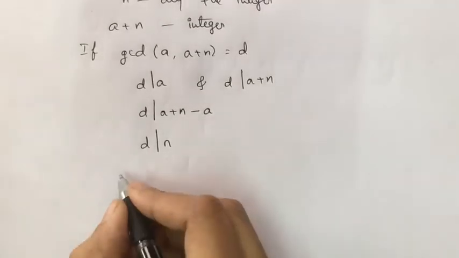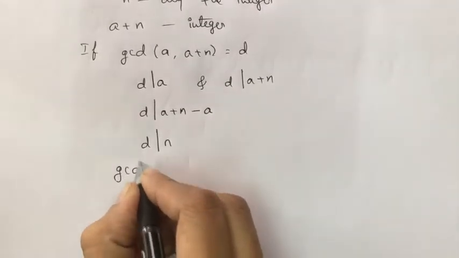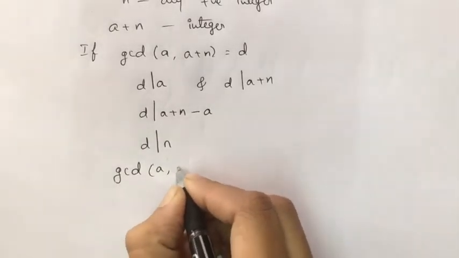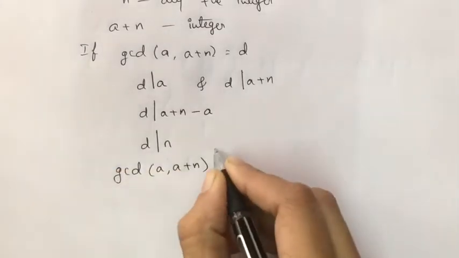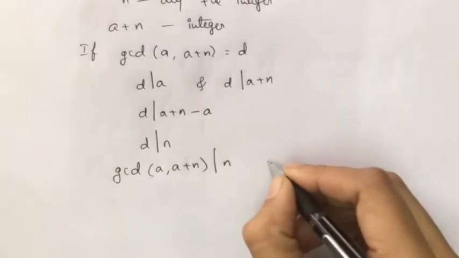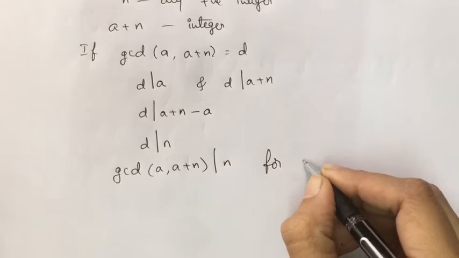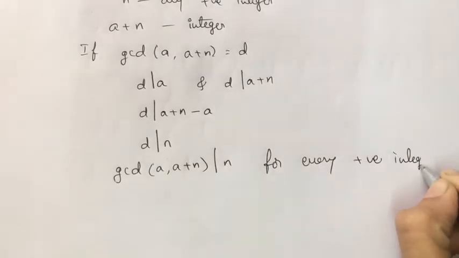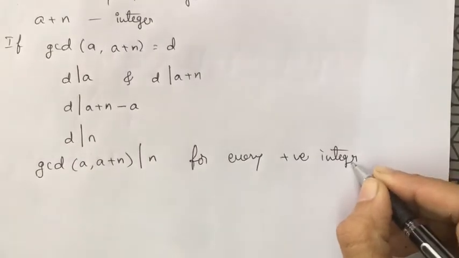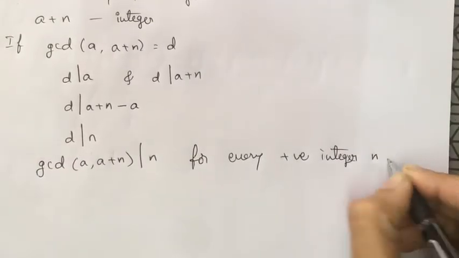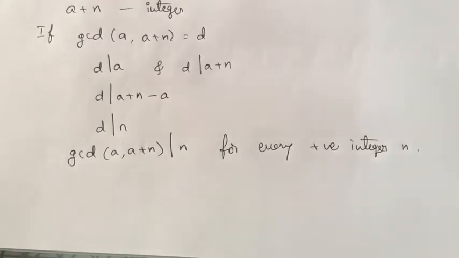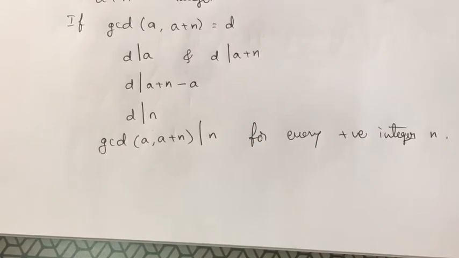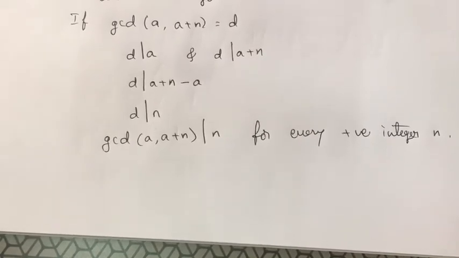Hence I can write GCD of a and a plus n, that is d divides n for every positive integer n. It says if it divides n, then GCD of a and a plus 1 is 1.